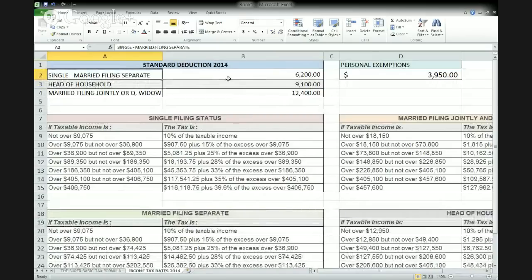If you are single, for example, for 2014 it is 6,200. Head of household is 9,100, and married filing jointly is 12,400. Every year, this amount changes, and every year, it is provided to you by the IRS. So none of these numbers were made up.